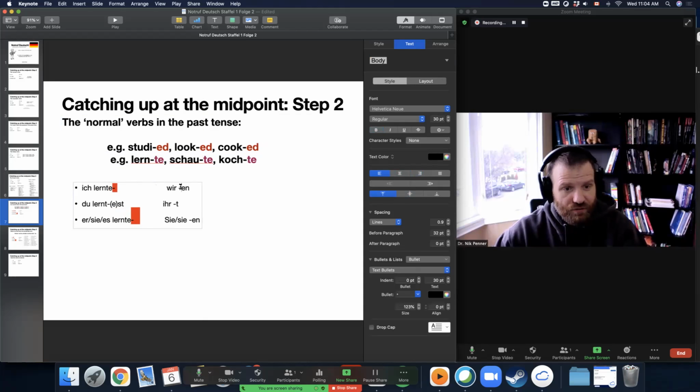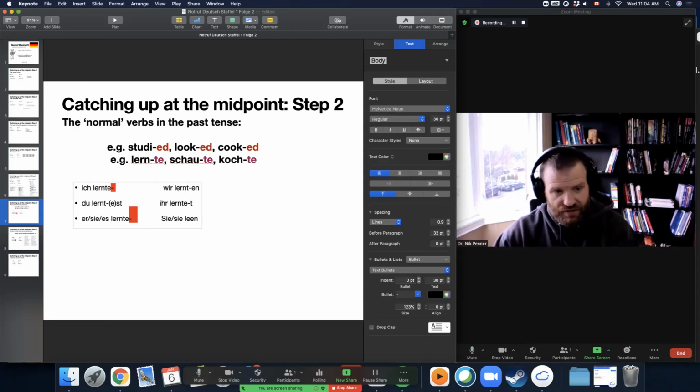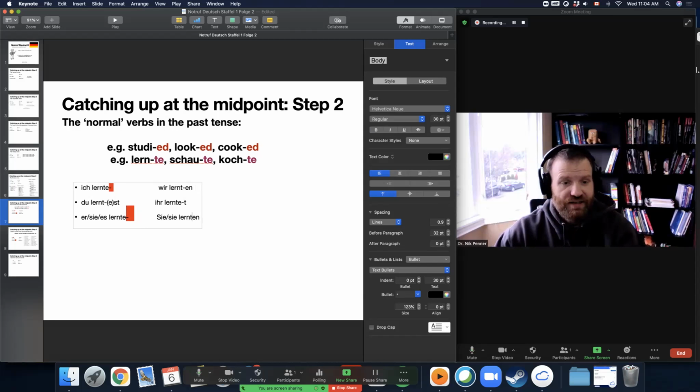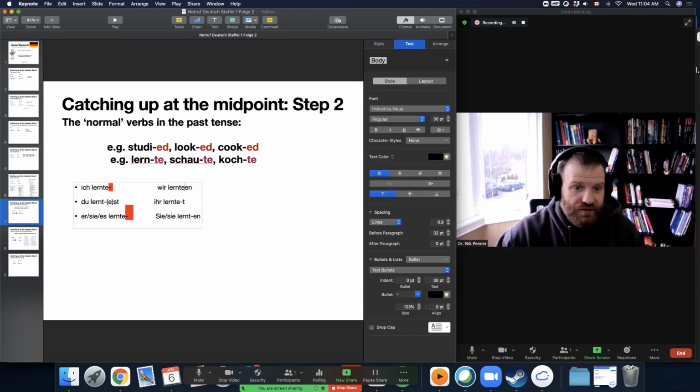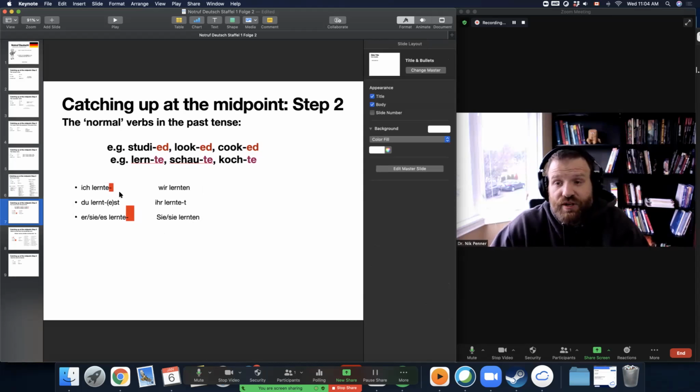And then the plural, wir lernten, ihr lerntet und sie lernten. You see that it's lernten, since en is the plural ending, so it doesn't become double en. Sie lernten. So that is super easy, right?